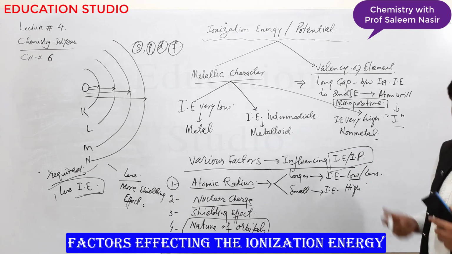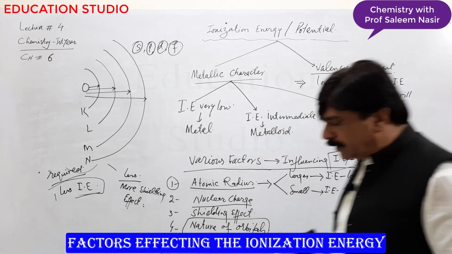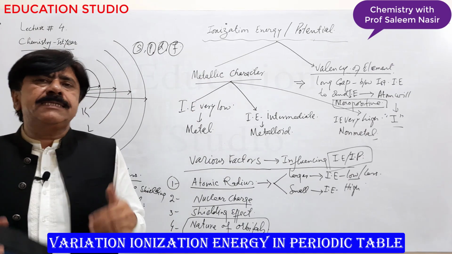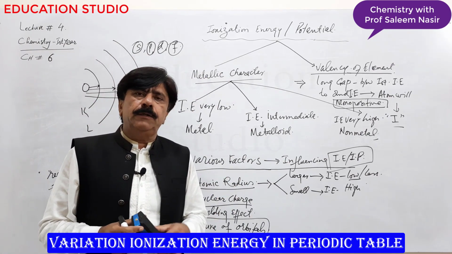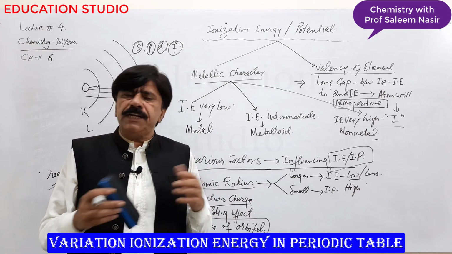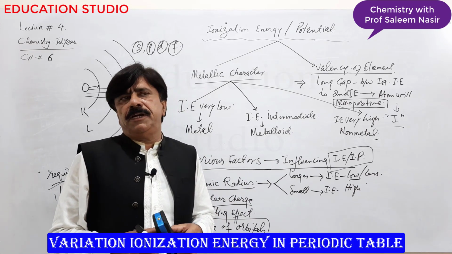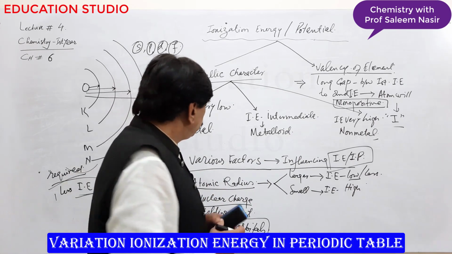Now after comprising all these studies, we will take a view on the periodic table. What is the variation of the ionization energy in the periodic table?